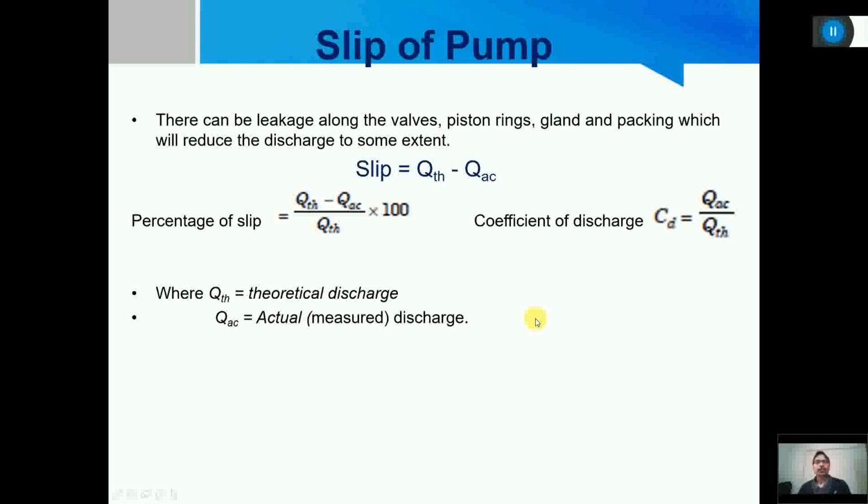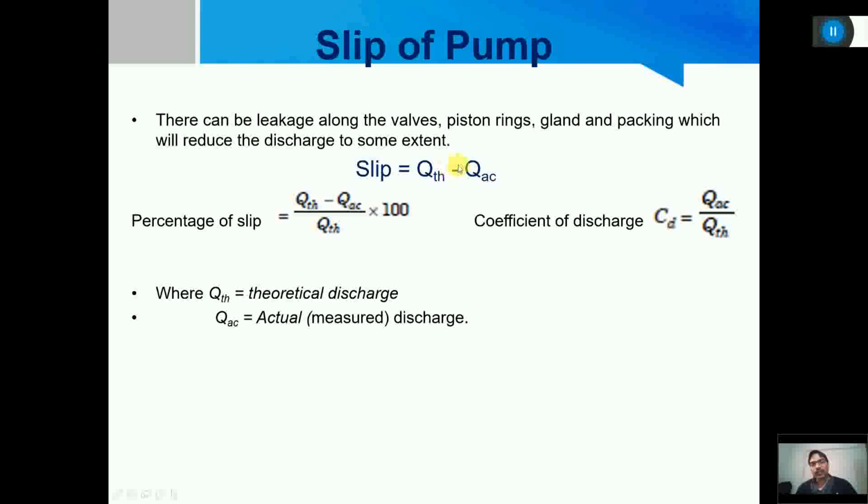Next is slip of pump. Slip of pump is nothing but the difference between theoretical and actual discharge. It will be positive when Q actual is lower than Q theoretical because of leakage and losses.